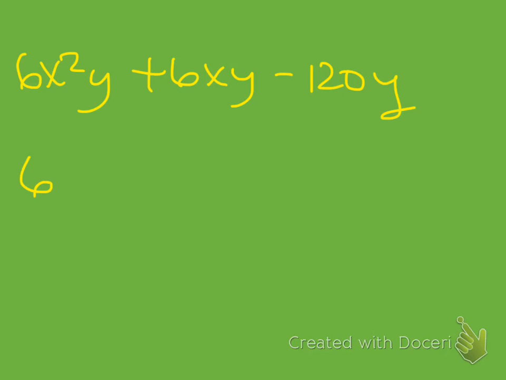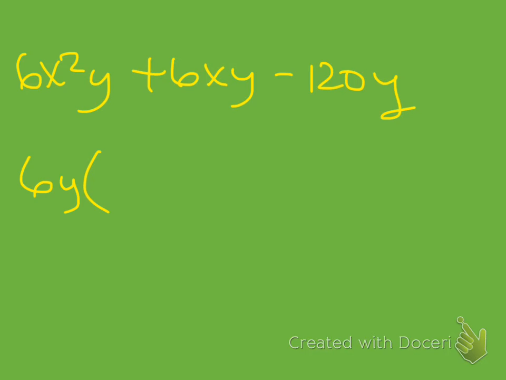6x squared y plus 6xy minus 120y. I think this is going to be a trinomial also, but I'm not sure. What can I take out of everything? You can take out a 6. Can I take out of x? No. Can I take out of y? Yes.